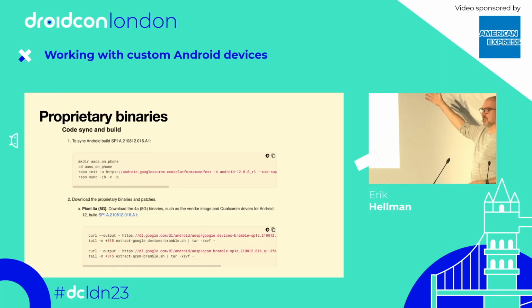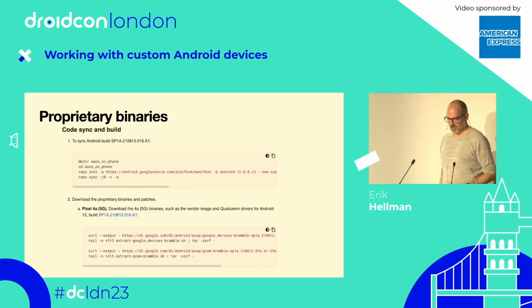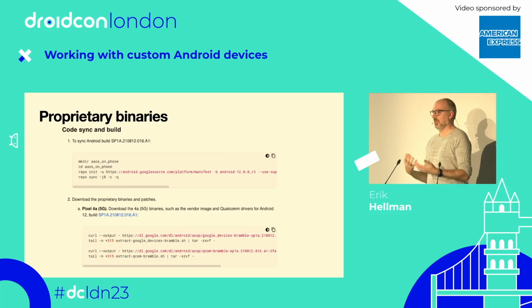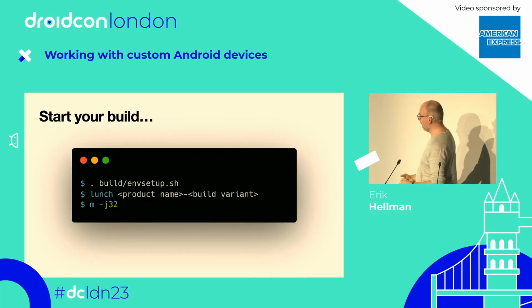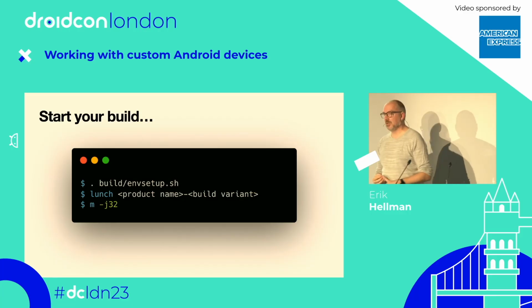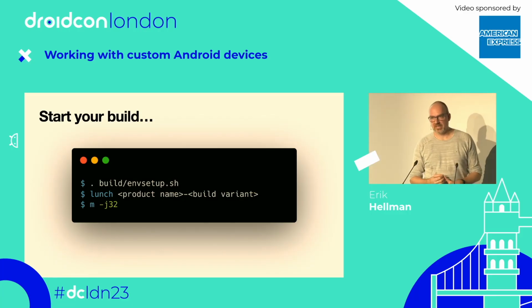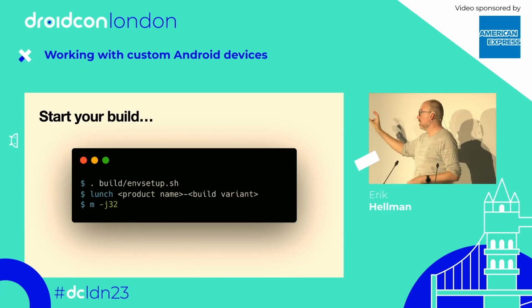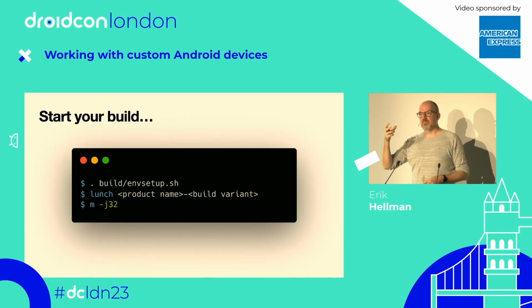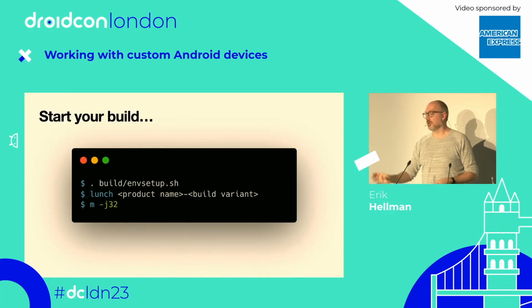So if you go to source.android.com, you find this site for the Pixel device and how to sync it. So you will need a binary that you're going to extract. And then you run the build. So you load the environment for the build, and then you call lunch with the product name and the build variant, which will basically tell the build system which product you want to build right now.